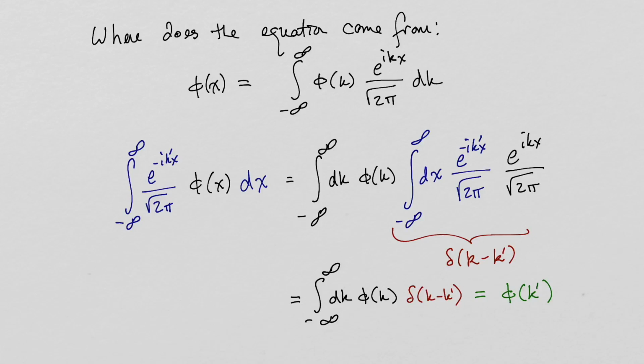So that comes from, of course, starting with our definition of the decomposition, that phi of x, now these are my initial conditions, is a sum over my basis functions. I don't know how many times you've heard me say that. It's a sum, or an integral in this case, over my basis functions times this function phi of k.